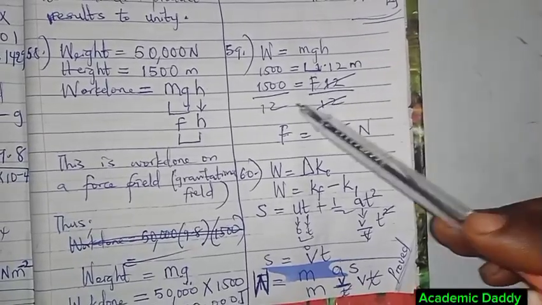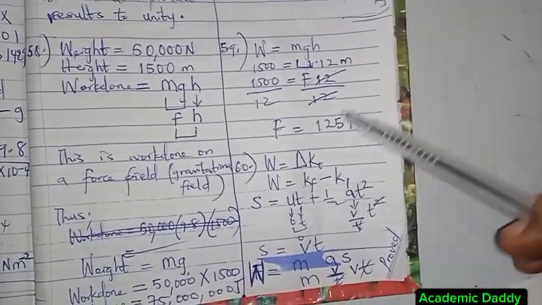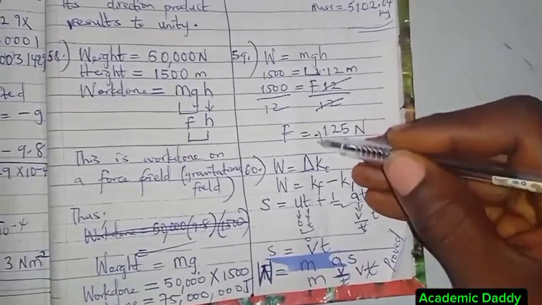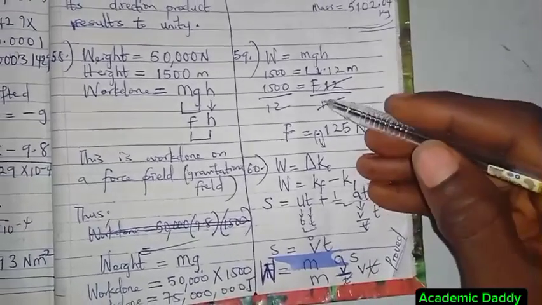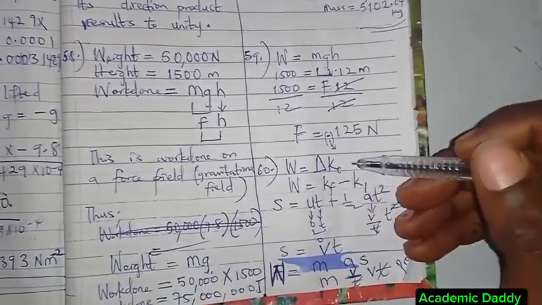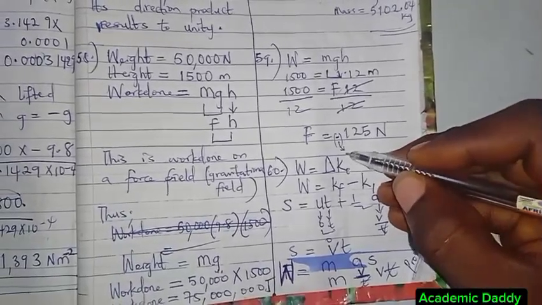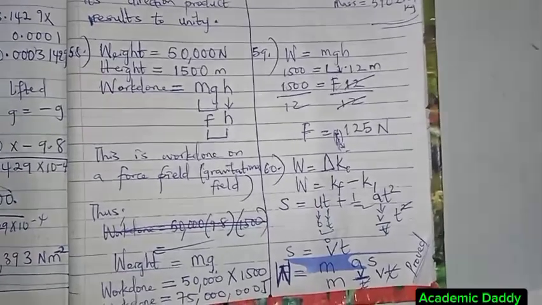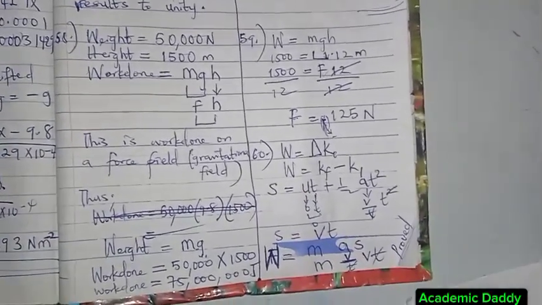To find the force now, you divide both sides by the height, which is 12. So you get F equals 125. You can still put this to be negative 125, because the g inside this force, since it's raising up, is going to be negative. But in most textbooks they don't put it, though that sign shows that it's lifting up they are talking about. If it's positive, it means it's coming down, but most times they ignore it.